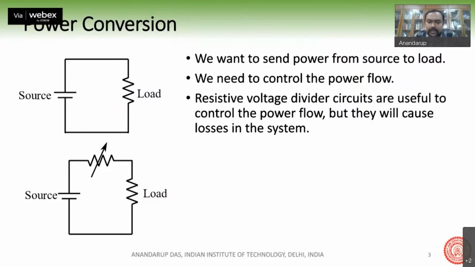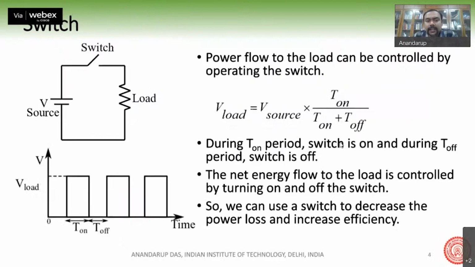Of course, we can do this with the help of a resistance, but resistance is a lossy element. So we use a switch instead of a resistance. And then when we use a switch, it is possible to have a very efficient flow of power or flow of energy from the source into the load, from which we get the concept of pulse width modulation, PWM.